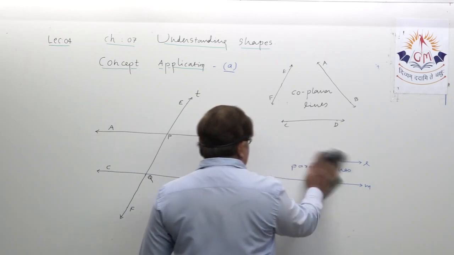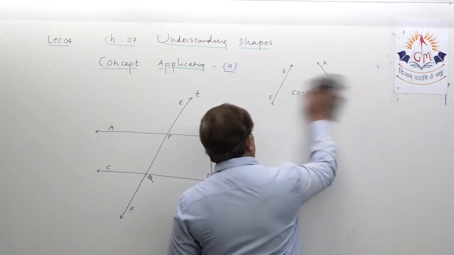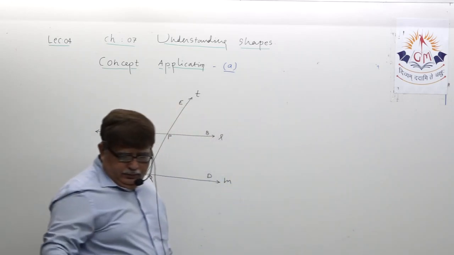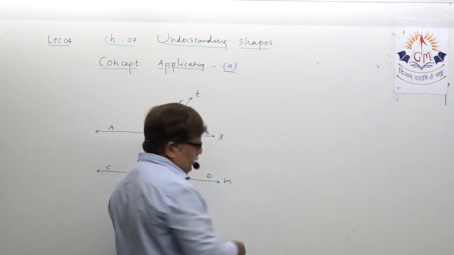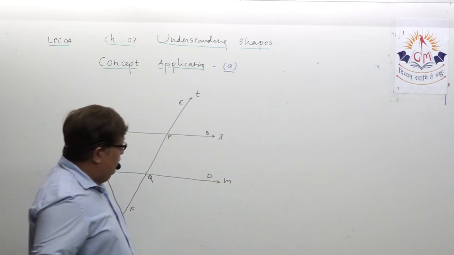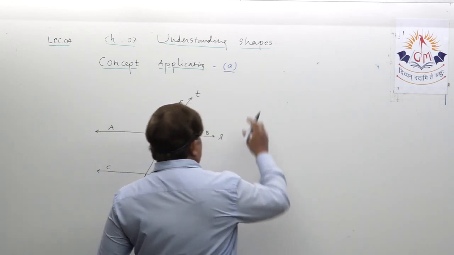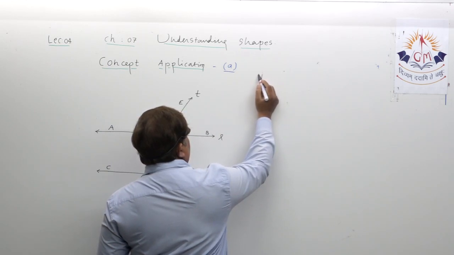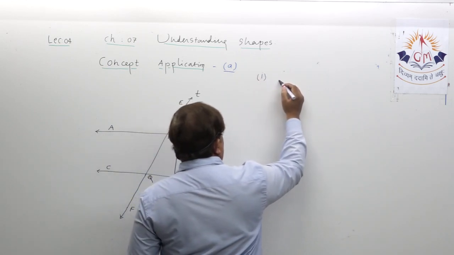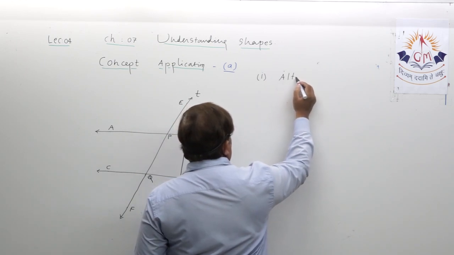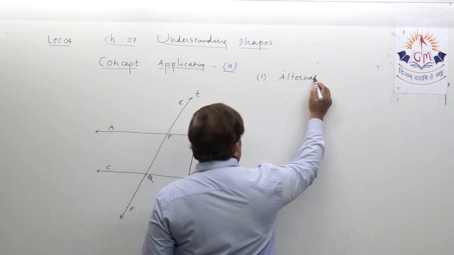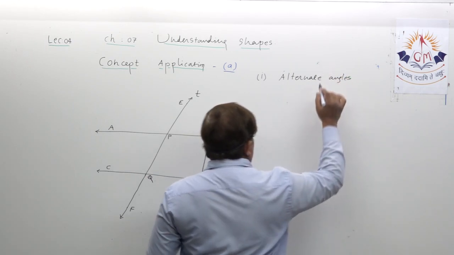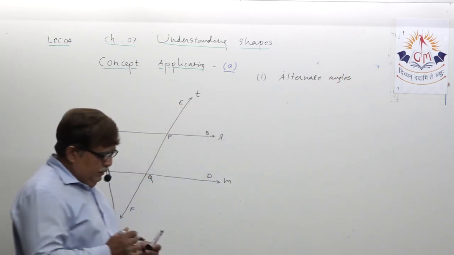I am just erasing this from here. First pair of angles, let me just mention the name: alternate angles. Understand?